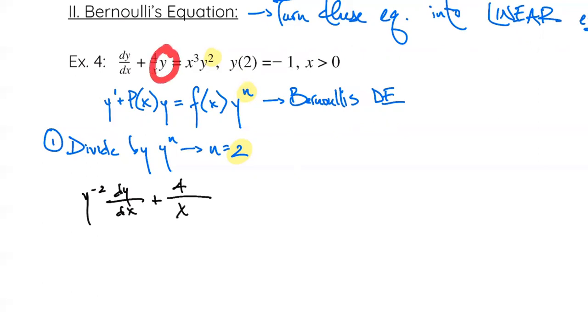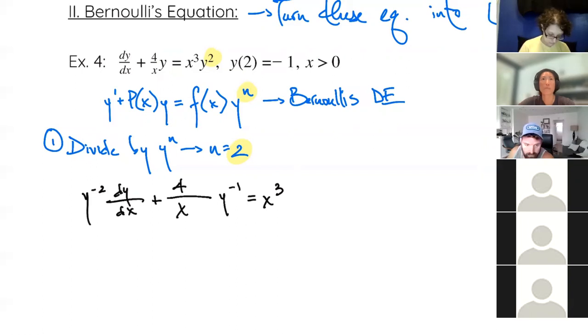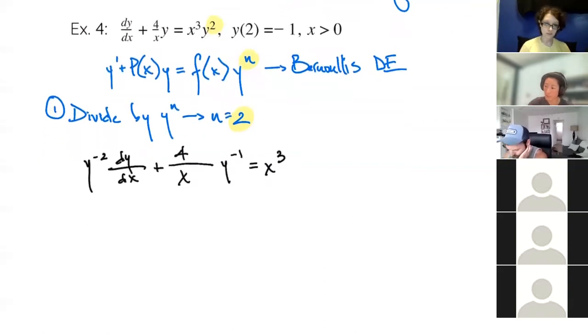And then this y, when I divide that by y squared, I get y to the negative 1 equals, the only thing I have left on the right-hand side is x cubed. All right, so we've divided that away. Now we get to use some substitution to help us solve, okay?